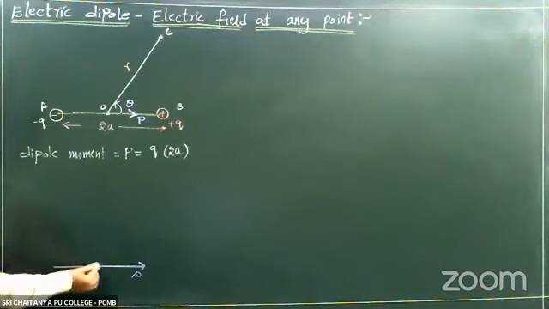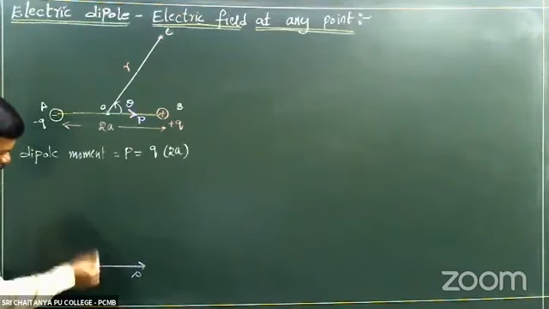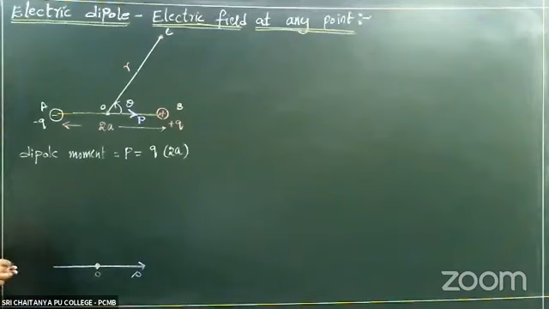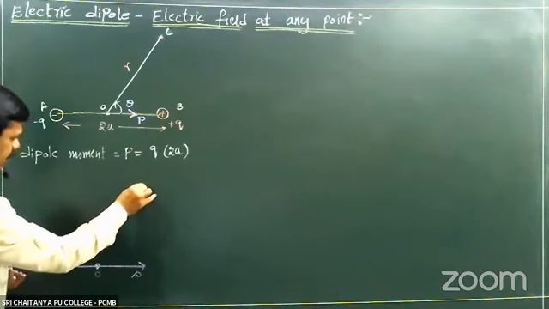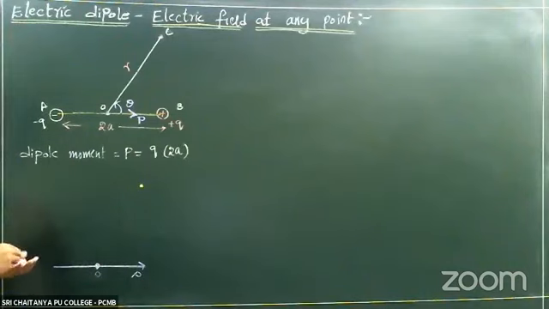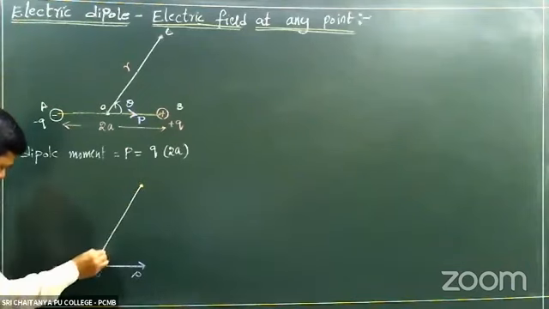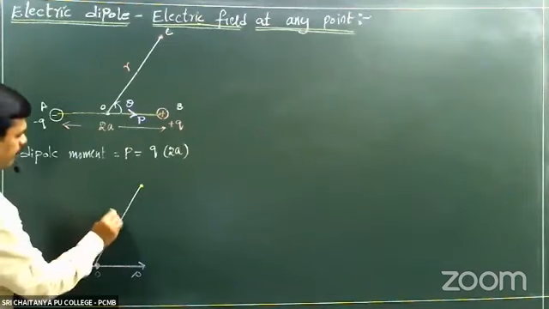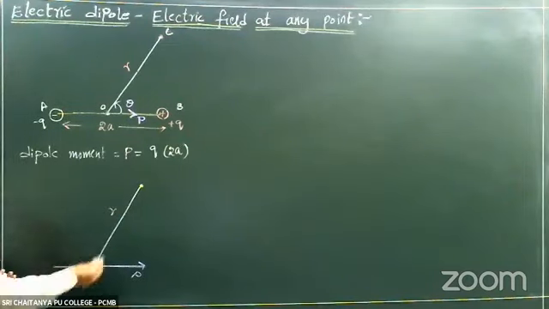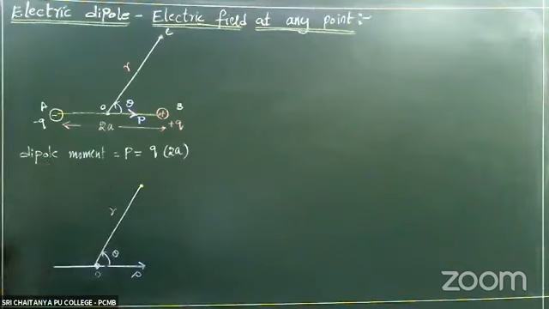This is the center of the dipole, O. From this, point P is here, somewhere, making an angle theta.